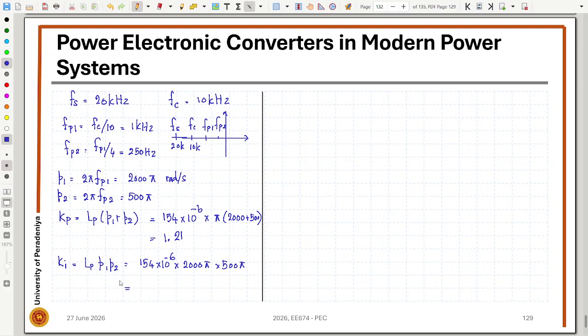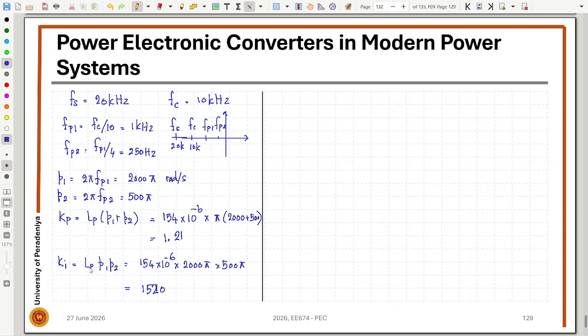So this is going to be 154 times 10 to the minus 6 times (2π) squared times 2000 times 500, and this is going to be 1520. So that's how we can find the controller gains Kp and Ki.